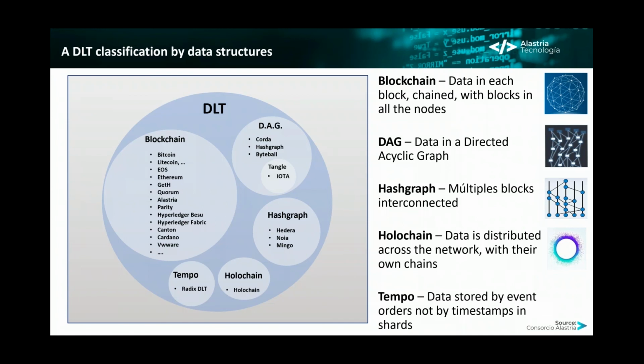The Tempo type networks are totally different DLTs, because instead of managing the data with timestamps, as happens in the other ones, this one works by events. It is ordered in shards, has more than, if I remember well, about 14 billion different shards, and the data is stored in one of the shards that is distributed across all the nodes in the system.